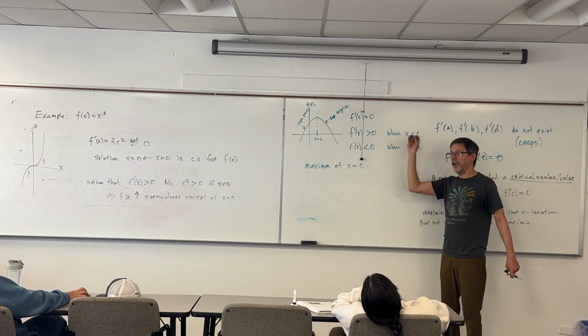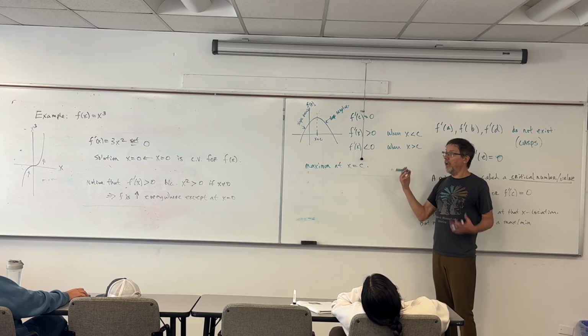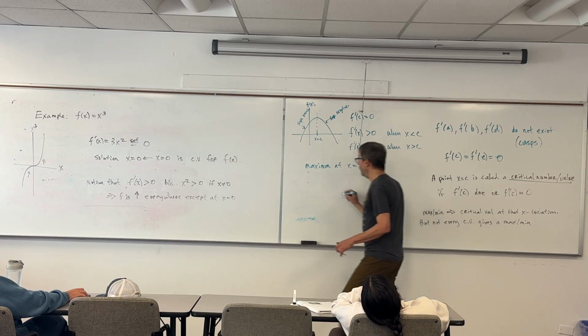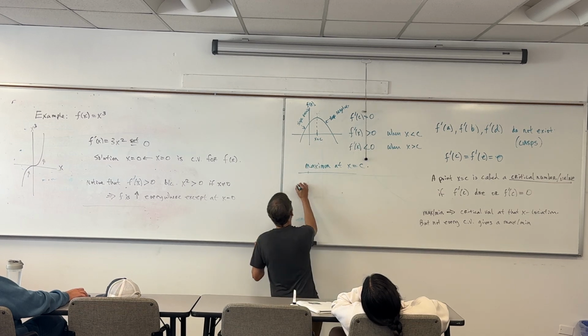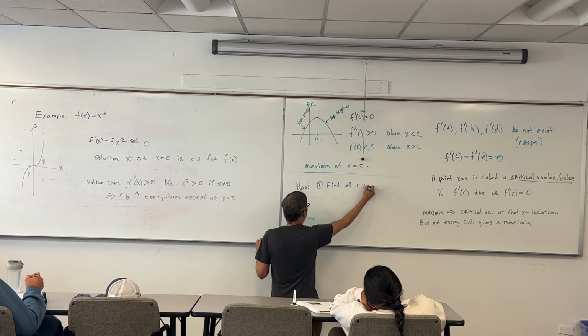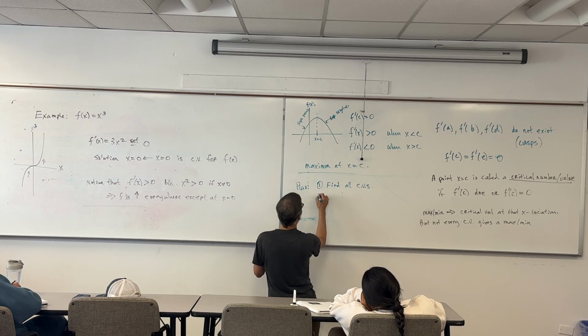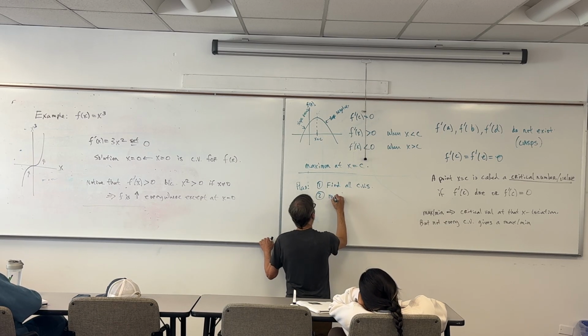So this is actually part of what's called the first derivative test. What we do, the plan is this. Step 1, find all critical values. Step 2 is mark these on a number line.